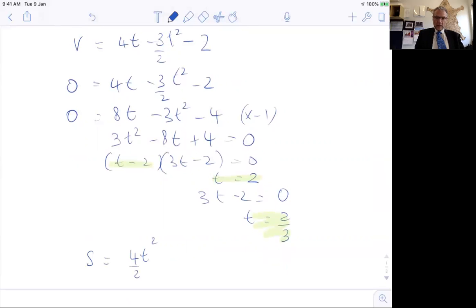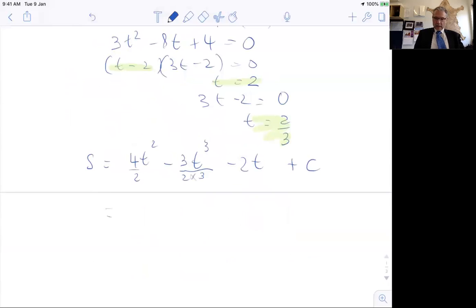Add 1 to the power, divide by that power, minus 3 over t cubed, and then divide by that power, so that becomes times 3 down there, and minus 2t, and then plus c. A little bit of tidying up: 4 over 2 is 2, so it's 2t squared. Those 3's cancel, so I've got minus t cubed over 2, minus 2t, and now plus c.